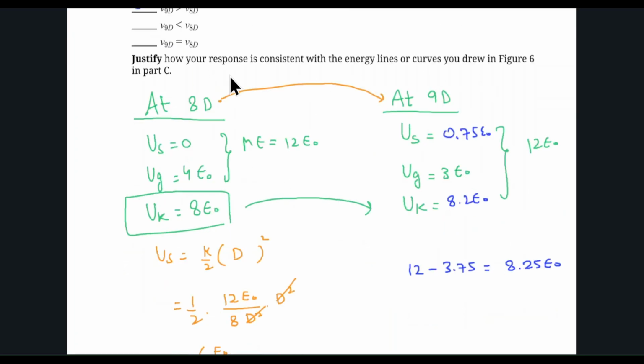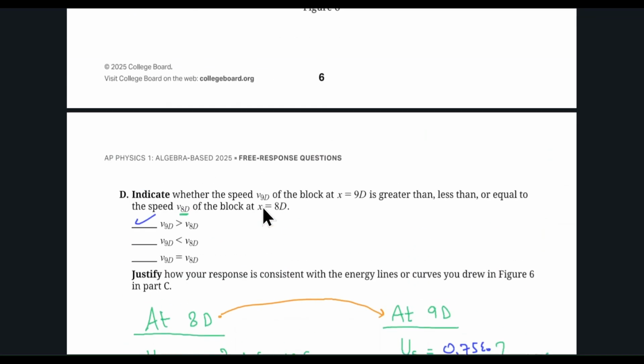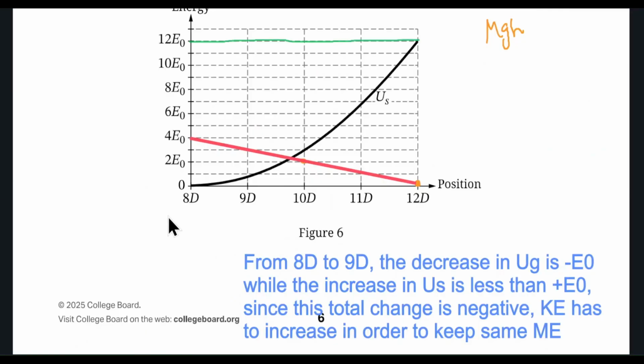They're also asking how we can justify this using the graph that we have in figure 6. So this is what we can write. We can say something like at 8D to 9D, we can see that the decrease in the potential is from 4E to 3E. So there is a decrease of minus E naught. At the same time, the spring potential is getting increased by less than E naught, because if you see at this point, this is not E naught, this is a little less than E naught, right?